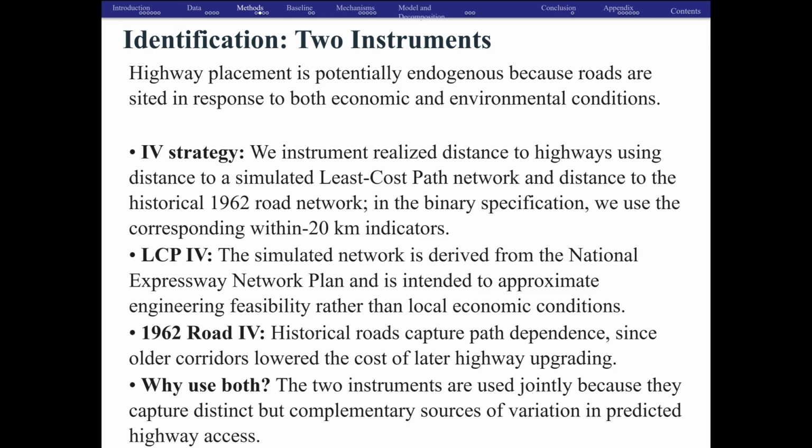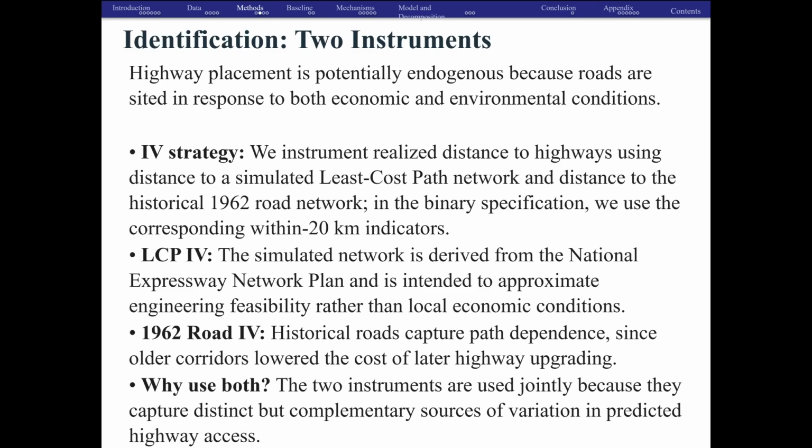First, we use the distance to the planned highway. The engineers always have this transportation map, so basically, engineering feasibility. Usually, each city has a map that engineers think is the least-cost route between any two points.